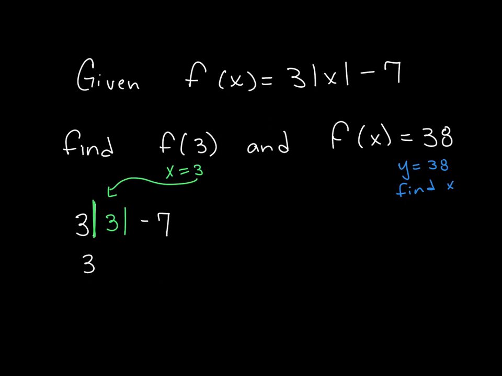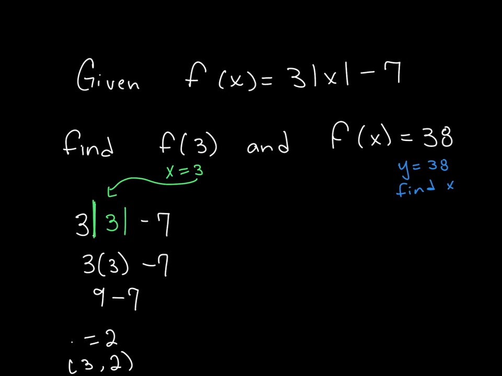Well, the absolute value of 3 is just 3, so I'm going to change the absolute value symbol to parentheses minus 7, and the order of operations tells us that that is 9 minus 7, which is equal to 2. So that is a point on the graph. When x is equal to 3, y is equal to 2.